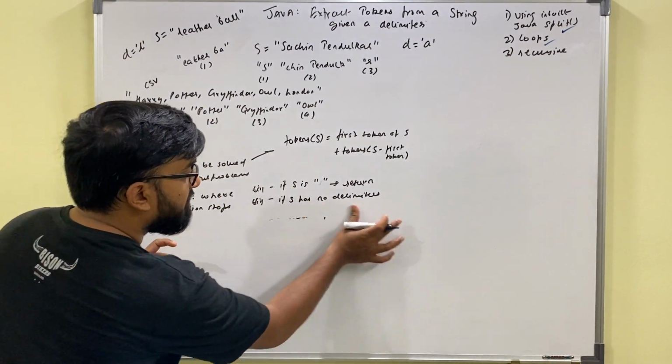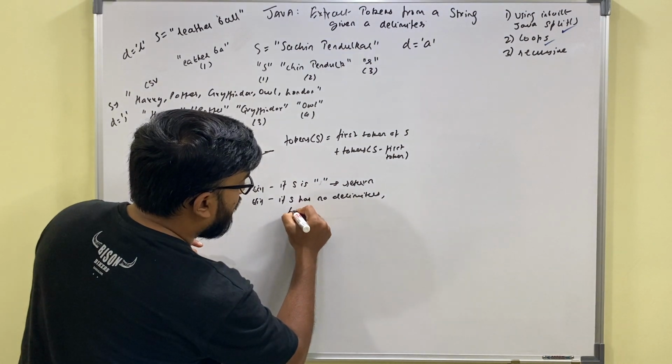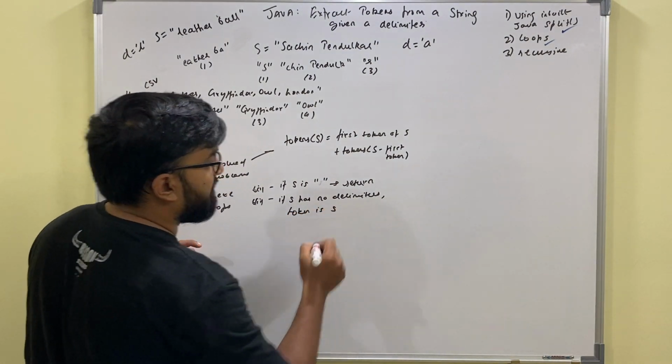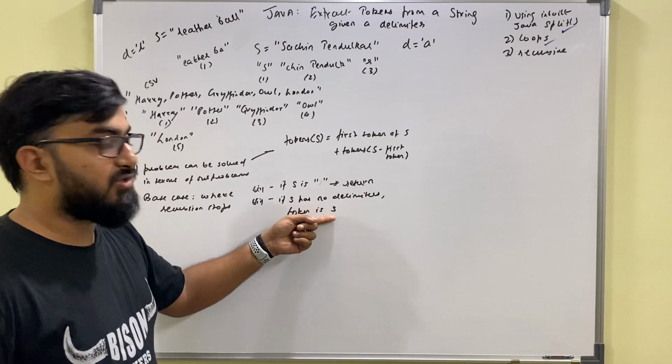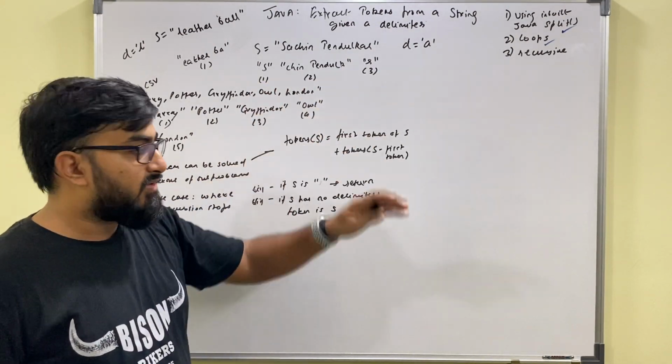In that case, if s has no delimiters, the token is s; your remaining s is your final token. I'll show you how when I try this. So let me write the code.